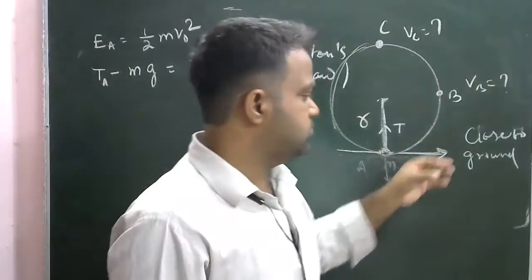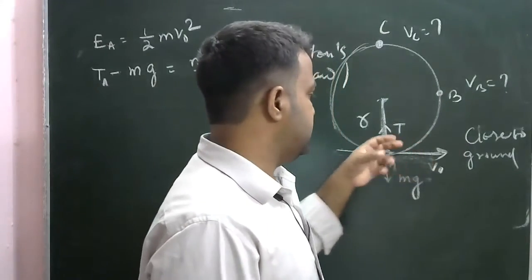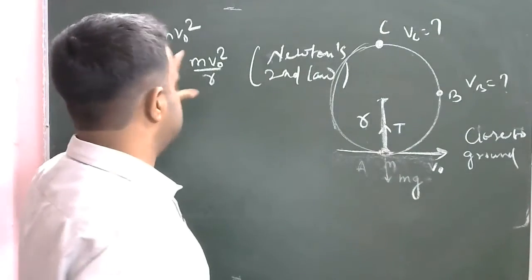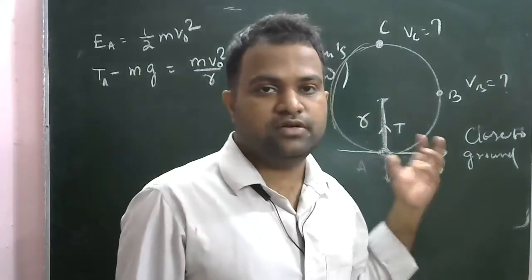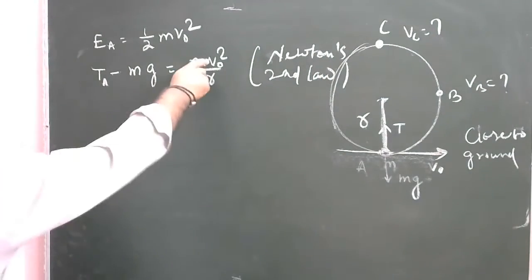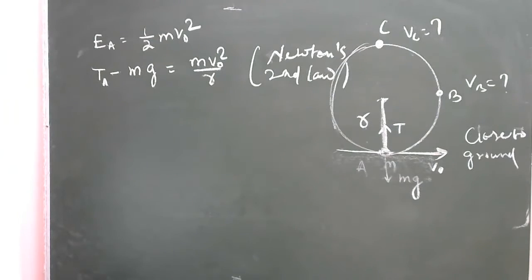Once you apply one velocity here, the difference in force must be equal to the centripetal force so that the object stays on a circular track. mv0 square by r is the centripetal force. This is from Newton's second law.